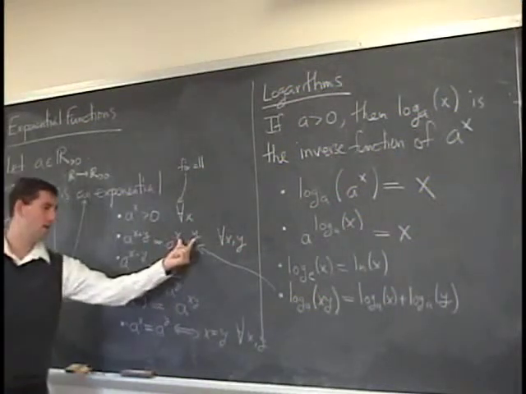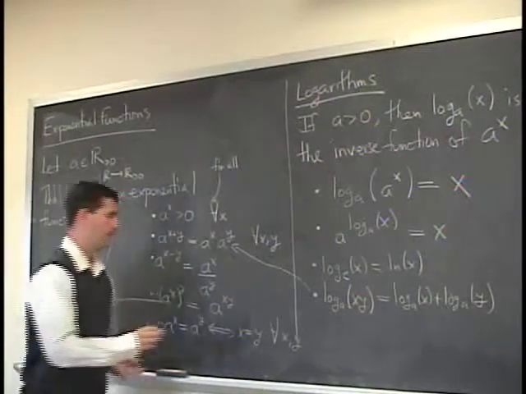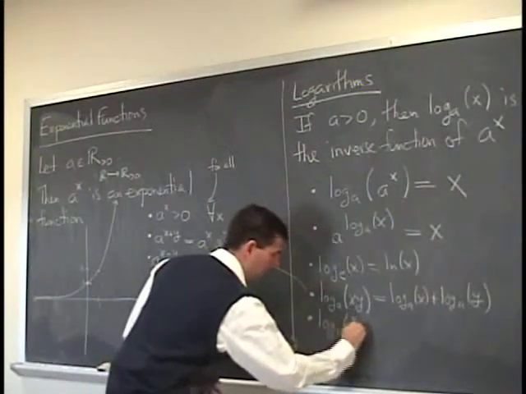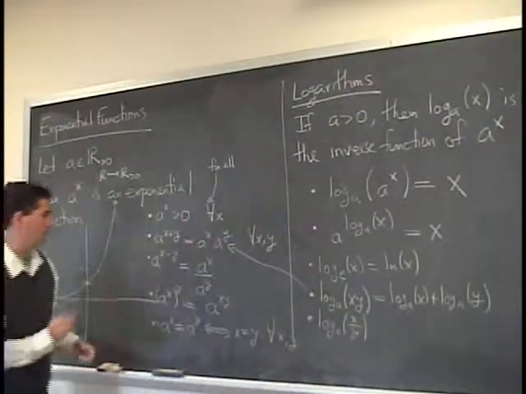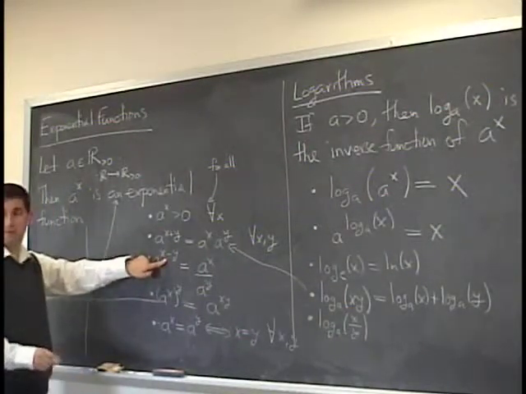You see how the product here turns into a sum? The same thing is going to happen if you have a quotient. If you have an x over a y, it's going to turn into a difference.